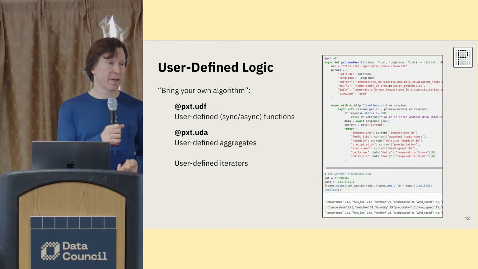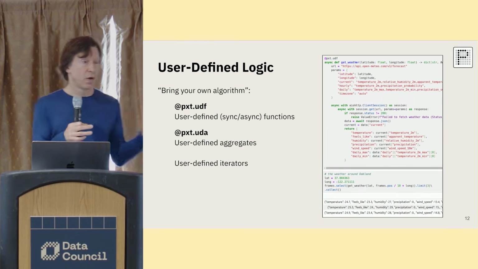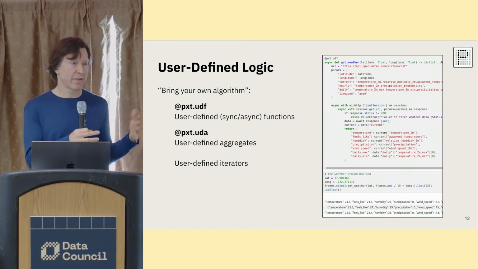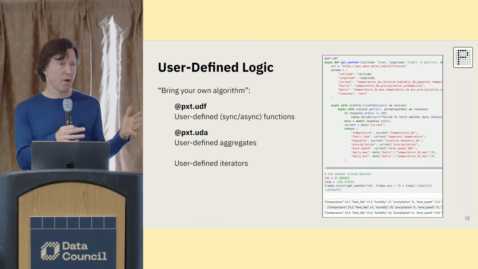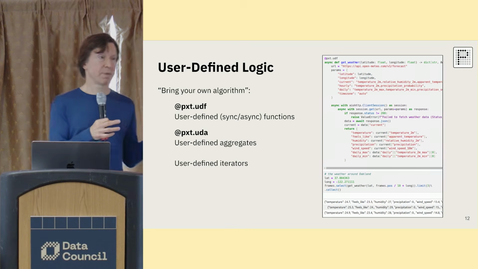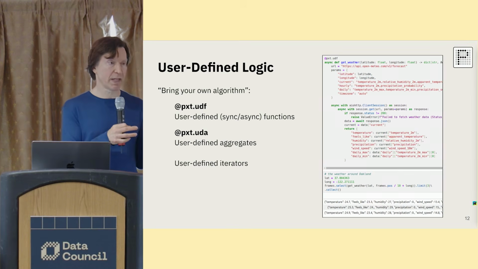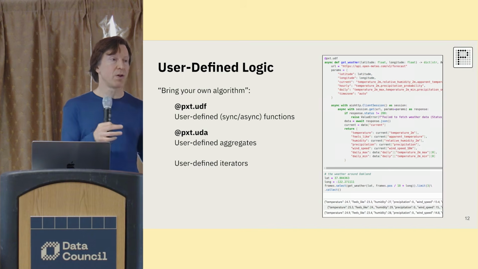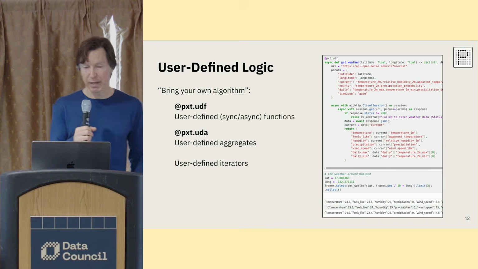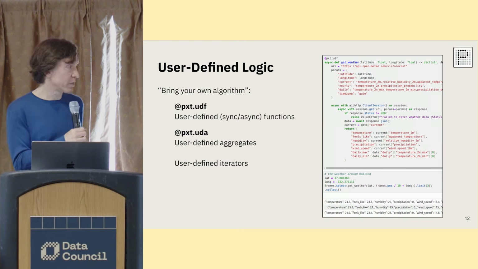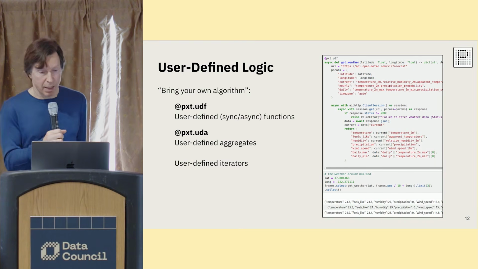There's also an audio combination, so you can both do audio chunking. If you have to pass audio off to a model, you often cannot give it like an hour of audio or something like that. So we have a splitter that allows you to break up audio into smaller pieces, and likewise you can recombine audio pieces into something larger. So these are examples of user-defined aggregates.